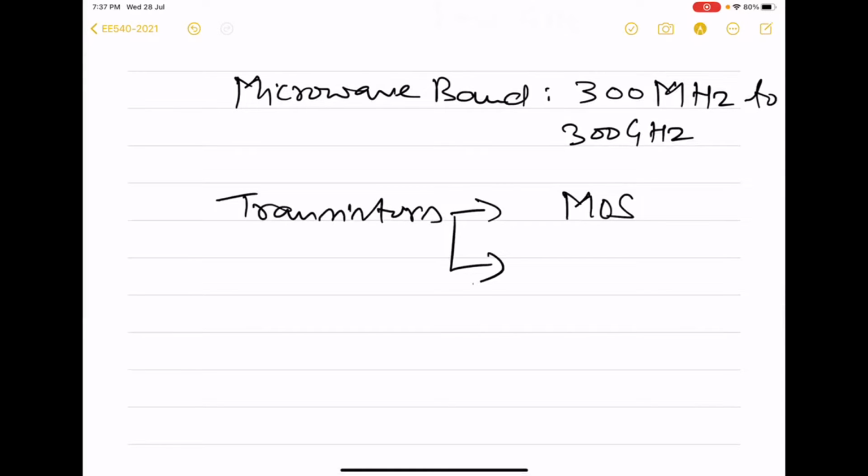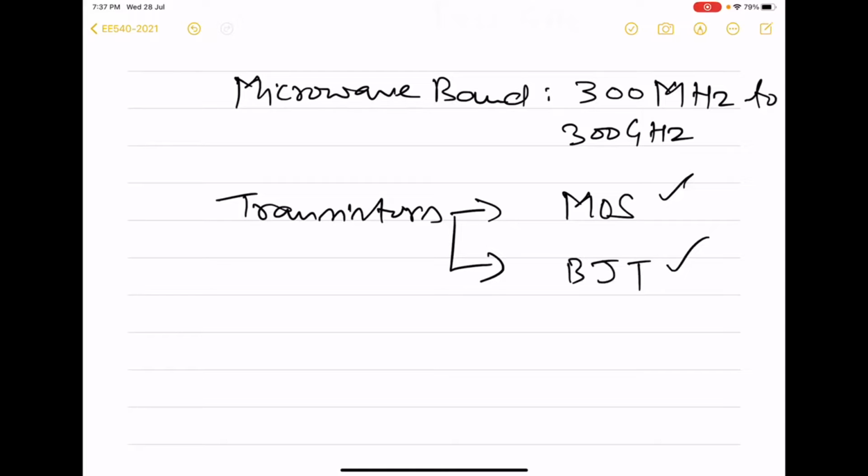And second, where both types of charge carriers are involved, they are called bipolar junction transistors, BJTs. Many of the circuits can be implemented either using MOS or using BJT.